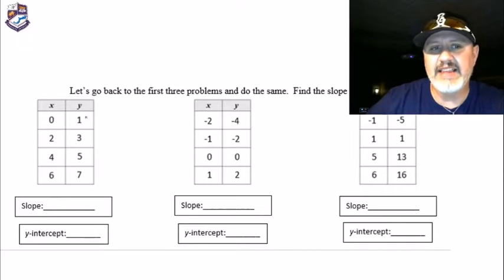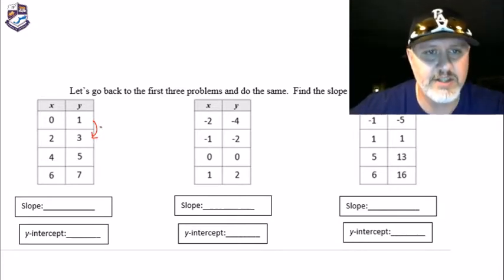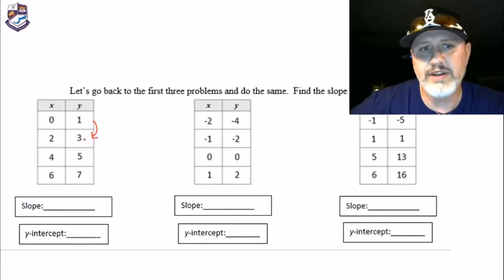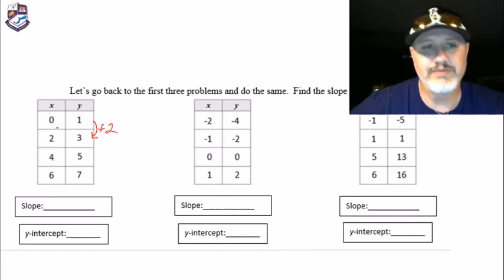Let's look at this same set of points and let's find the slope. And to find the slope, remember it's the difference in the y's over the difference in the x's. So if I go from 1 to 3, how much did I increase? I increased 2. And if I go from 0 to 2, what did I do? I increased 2.